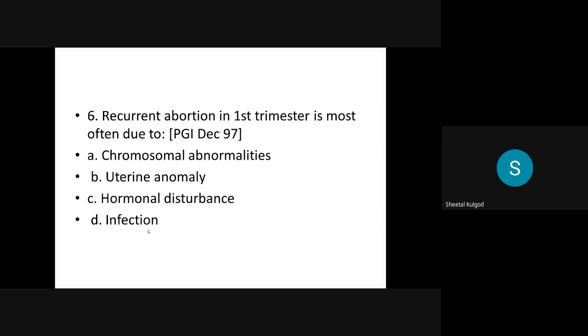And therefore the chances of recurrent abortion occurring because of infections is very low. So amongst these four options, you might get confused between chromosomal abnormalities and infection, but remember, they have asked for recurrent abortions here. So in recurrent abortions, infections are not the cause, whereas chromosomal abnormalities are the cause. So the answer here is A. Okay.